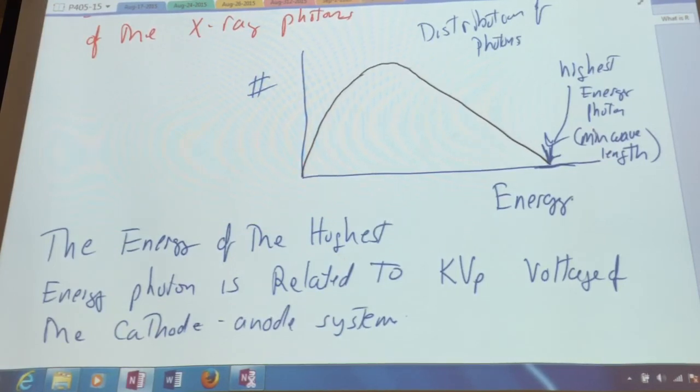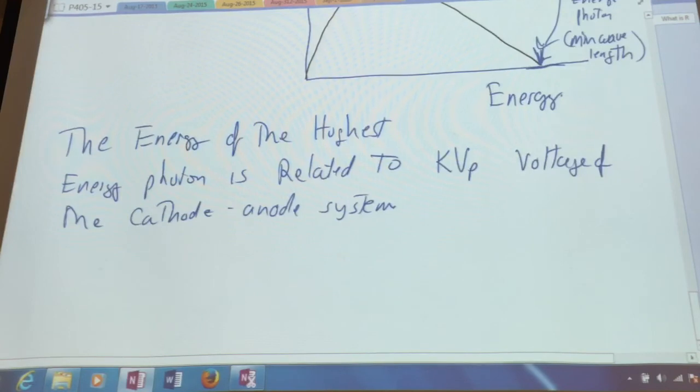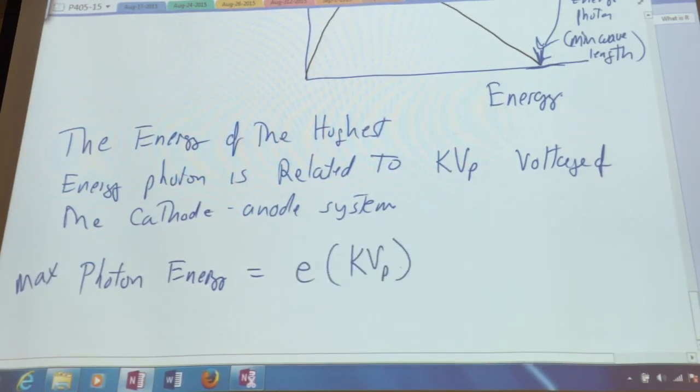Now, how are they related? Max photon energy is just E times kVp, or as it's most commonly written, keVp.